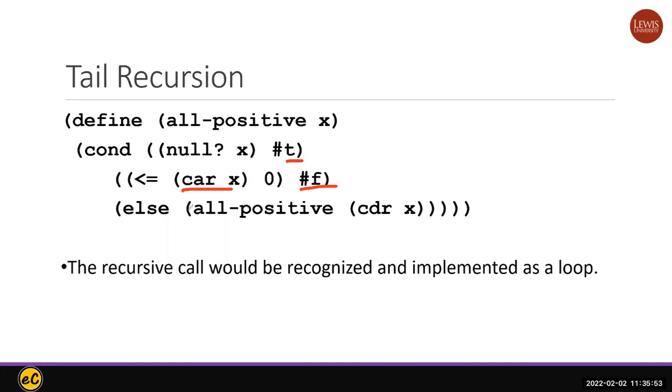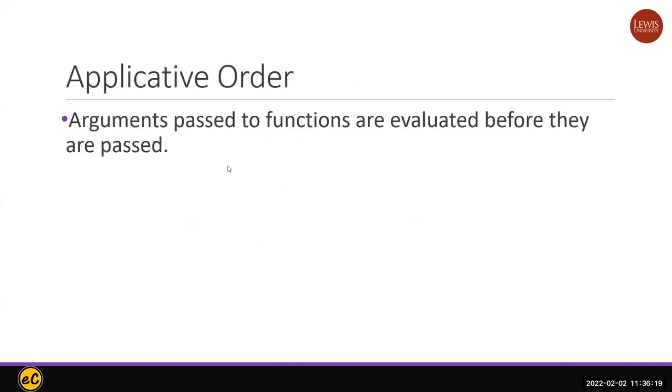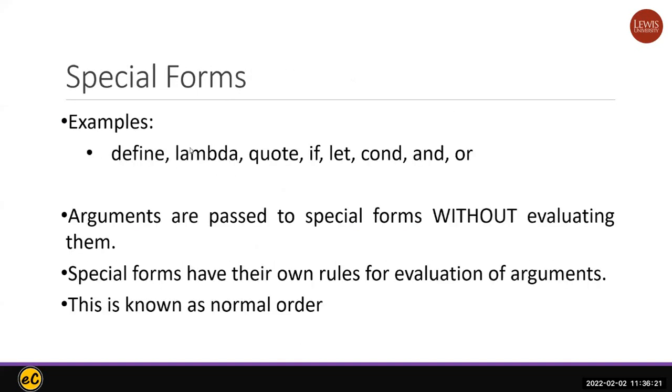Otherwise, you return the else portion, applying your alternative on the rest of the list. If the list is empty, you return true, and if any one of the elements is false, then we return false. So that's that.